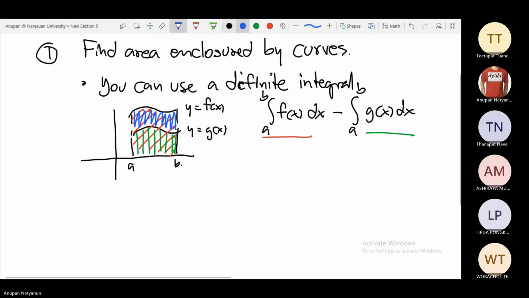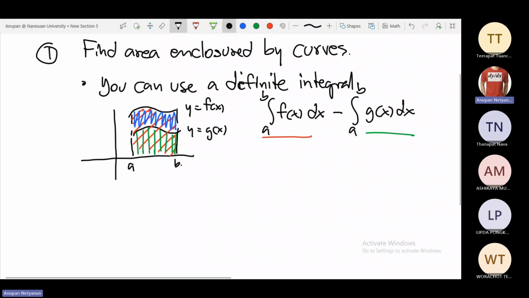So this tells you that if you want to find the enclosure area, which is the blue one, you take the red area, which is the definite integral of your f(x), the function on top, and then you subtract the green area, which is the definite integral of the lower function. Then you get the blue area.